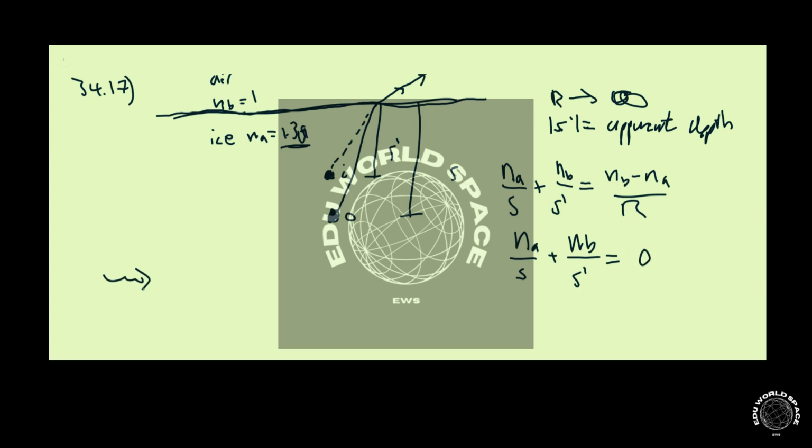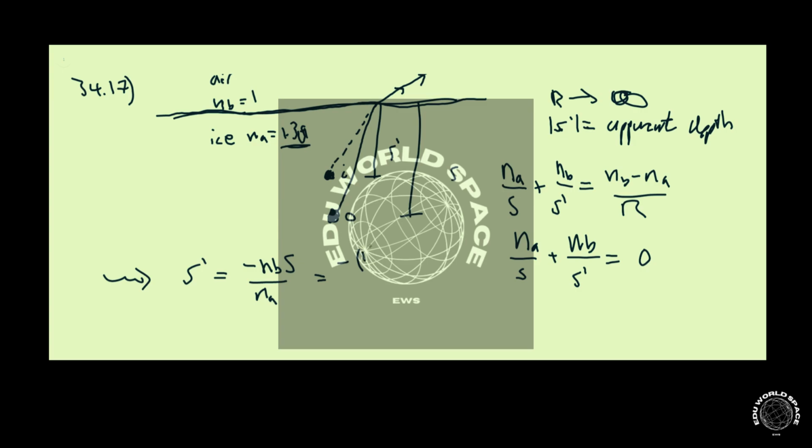So now we can simply rearrange for S prime, and this is going to be negative n_b S over n_a. Cool. So that's as simple as we have to do. So let's just plug in our equation now.